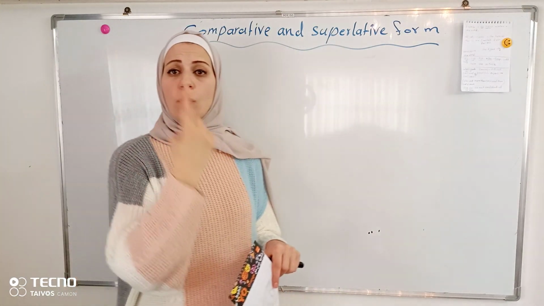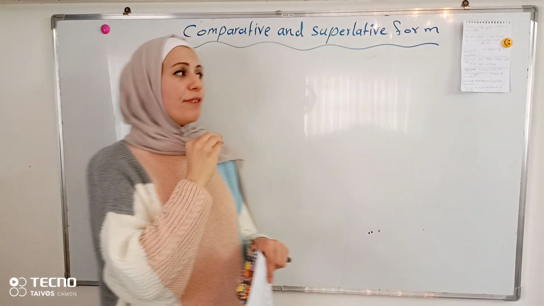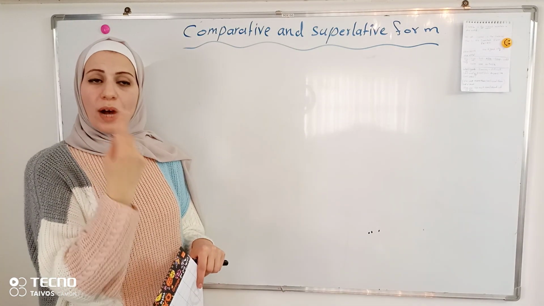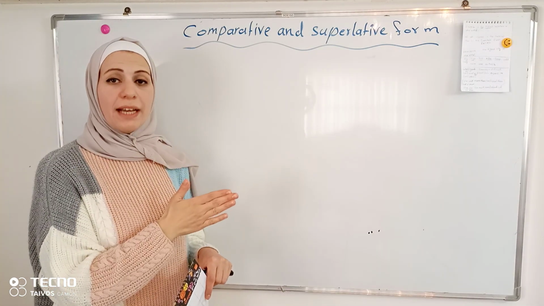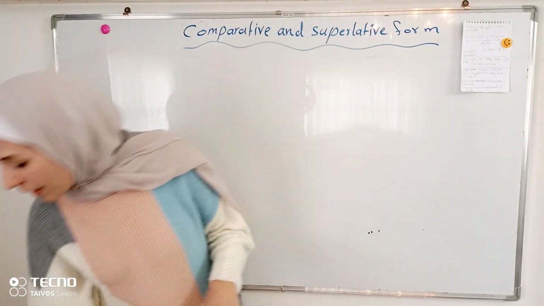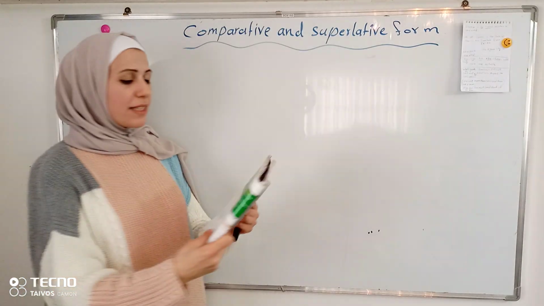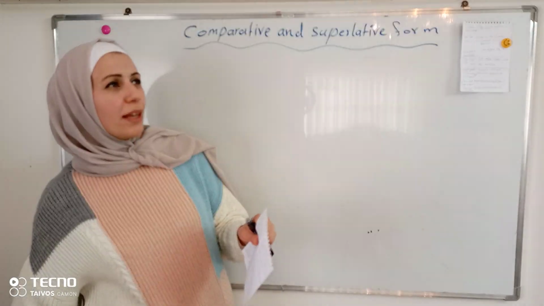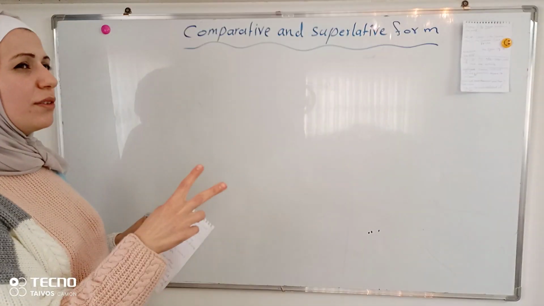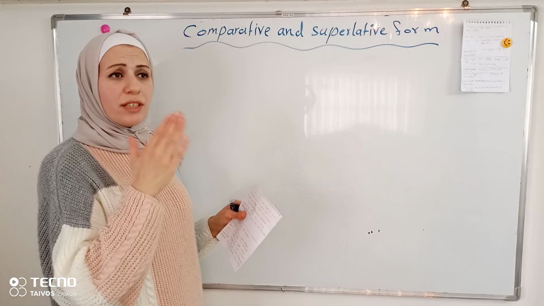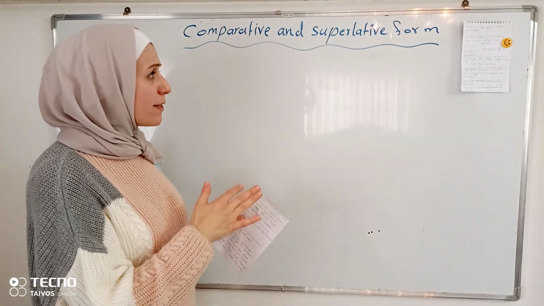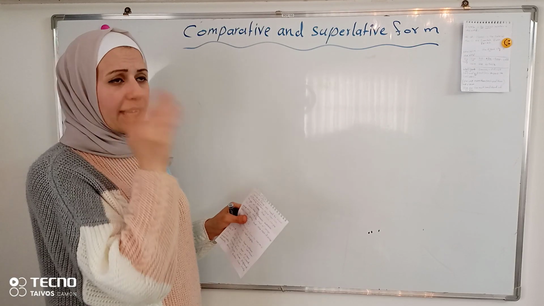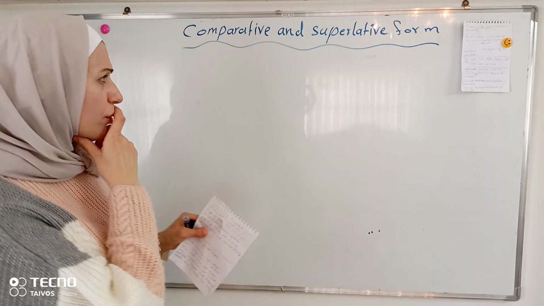Adjectives have one or two syllables. We are still reviewing the lesson; we haven't started the lesson yet. Maybe you took comparative and superlative form with adjectives of one or two syllables in second grade.